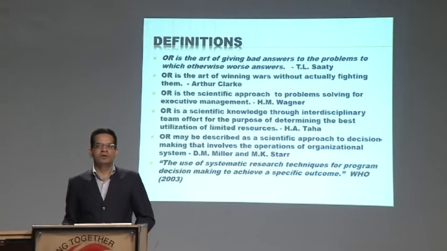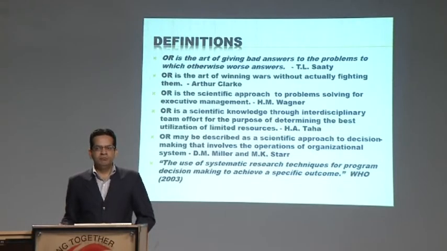H.A. Taha, a prominent author of operations research books, says that OR is scientific knowledge through interdisciplinary team efforts for the purpose of determining the best utilization of limited resources.